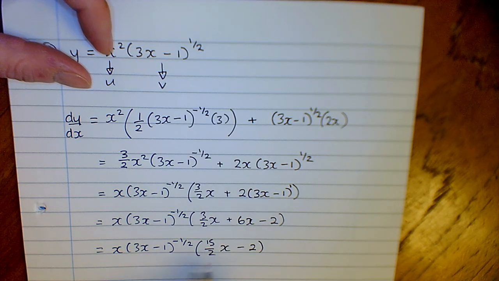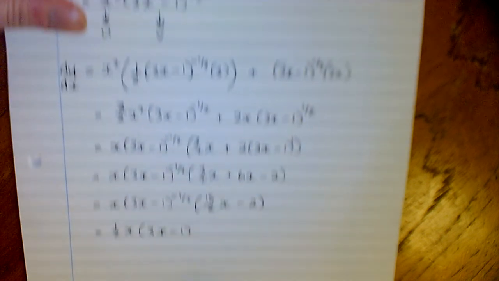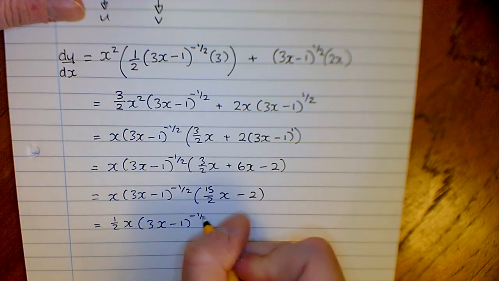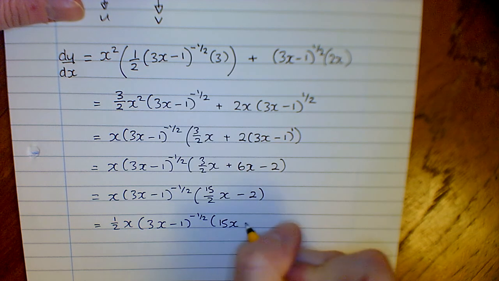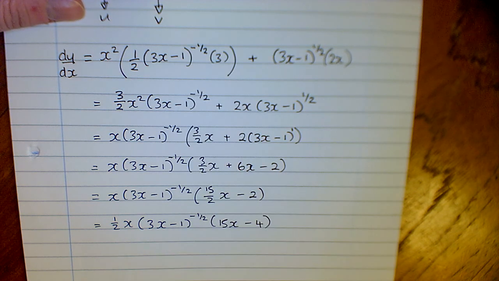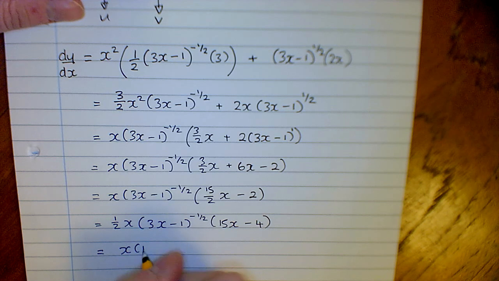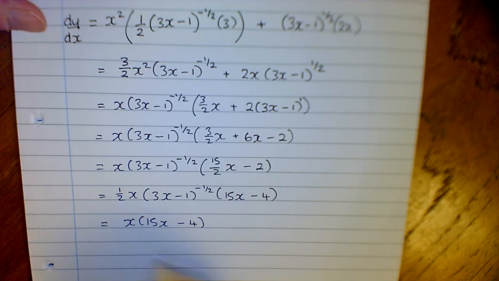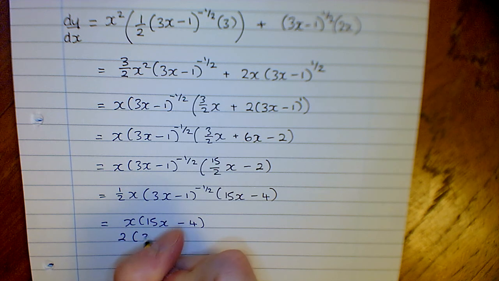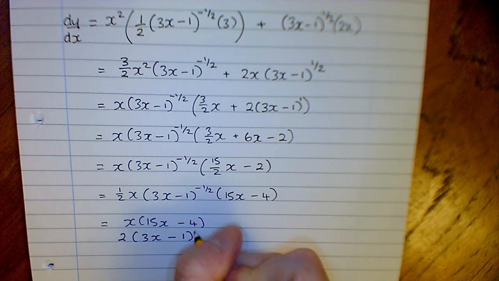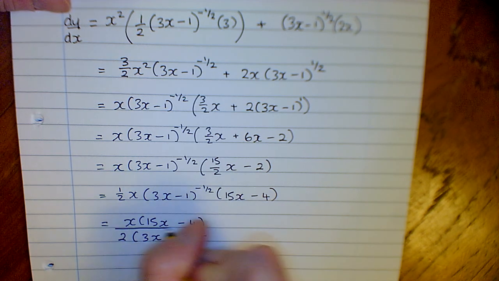Or you could say, I don't like the half in there, I'm going to take it out, and we get 15x minus 4 in the bracket. If you really wanted to go to town now, you could say I'm going to keep that in the top. I'm going to bring my 2 down there from a half, and I'm going to bring my bracket down and make it into a positive indice.